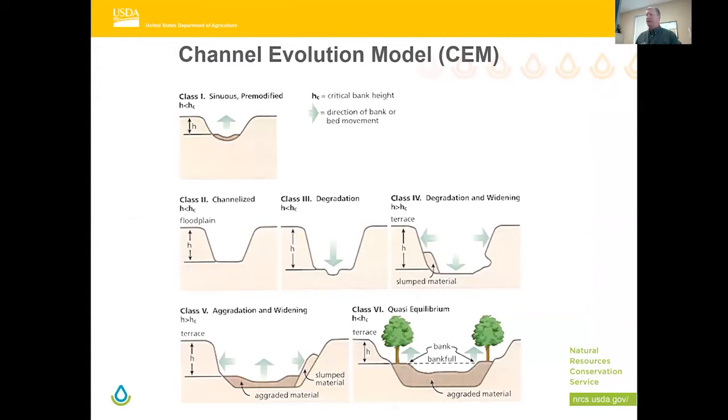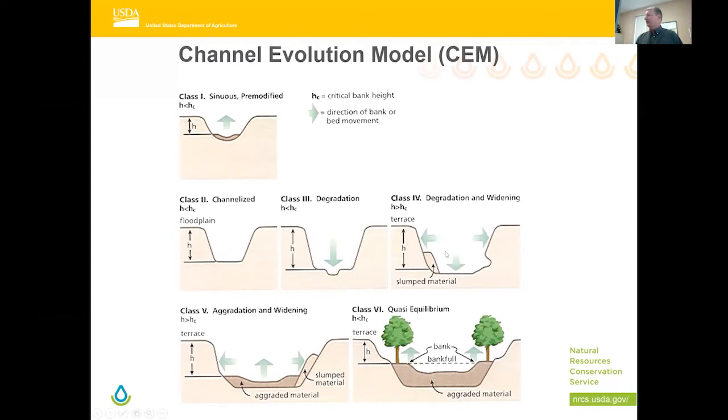But when we talk about stream banks today, we're going to talk about the channel evolution model. It talks about the different classifications of streams and how they respond to events. They respond to channelized sections by degrading, lowering the bed first, because a stream's natural tendency is to want to decrease its own slope by downcutting.